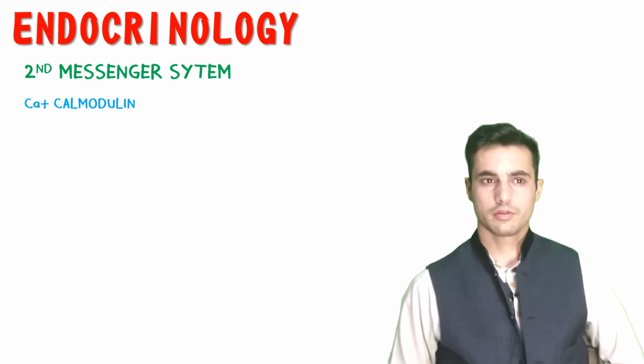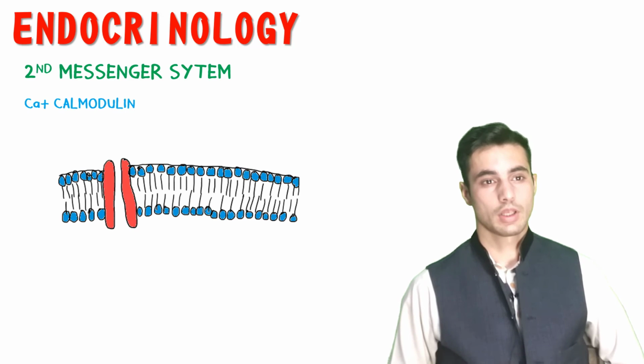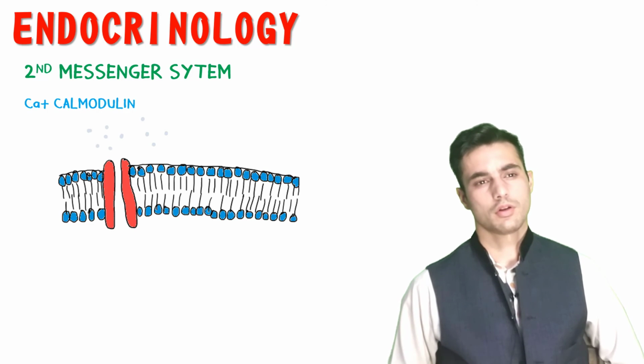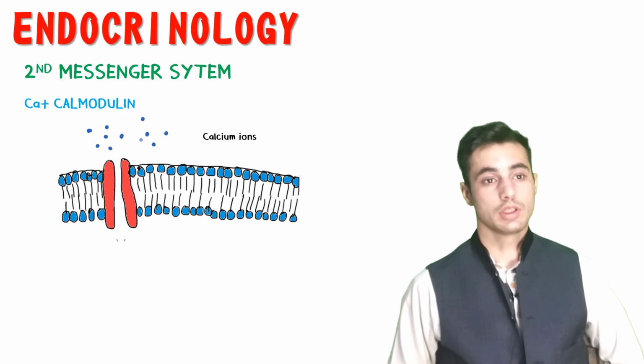The second messenger system, calcium calmodulin. Very simple to understand. There is a lot of calcium outside of the cell membrane and it wants to come to the inside of the cytoplasm. So inside the cytoplasm, we have specialized receptors known as calmodulin. The calmodulin has 4 binding sites.